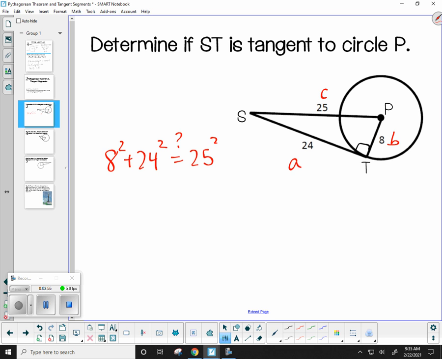We think, is it? No, they're not equivalent. So on the left-hand side, I had 640. I need to know, is that equivalent to 625? No, it's not. So no, it's not a tangent.